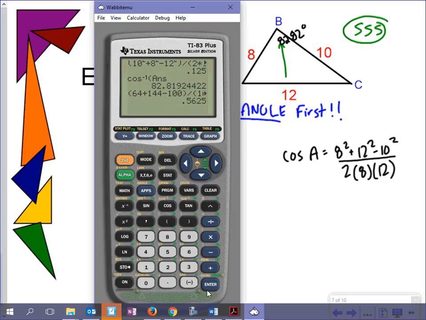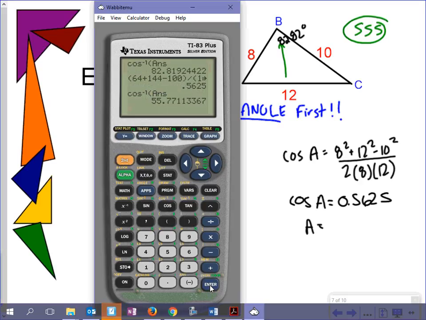I get 0.562. And then I've got to inverse cosine that. I get 55.77.